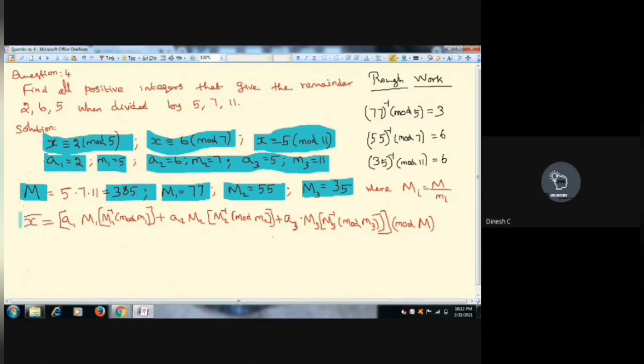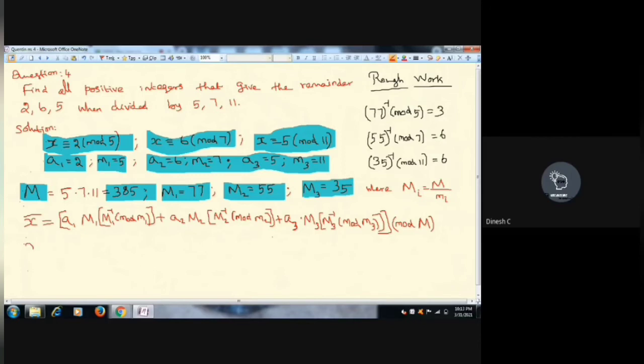Also x bar equal to, we write the equations. Now apply the values. Also M1 inverse is 3, M2 inverse is 6, M3 inverse is also 6.